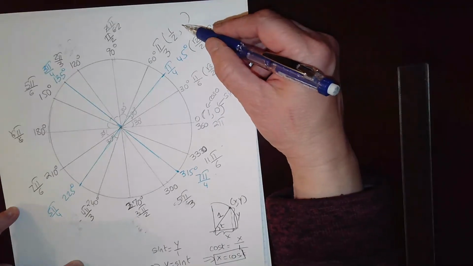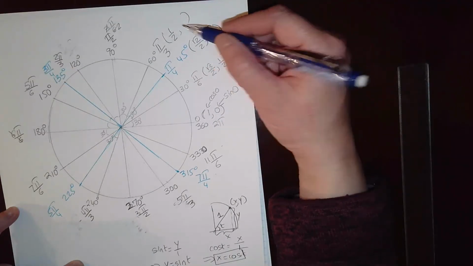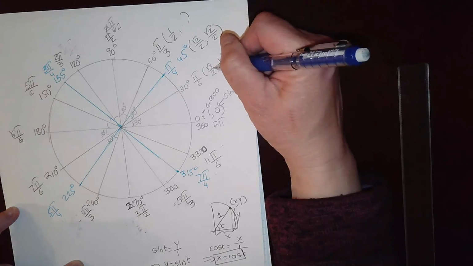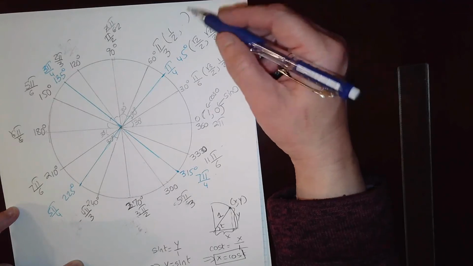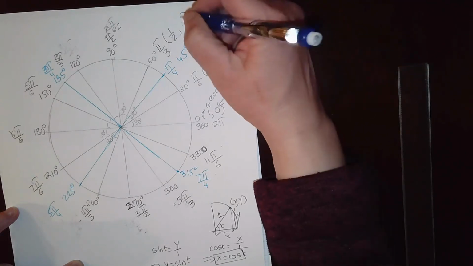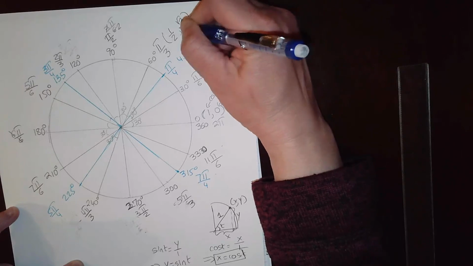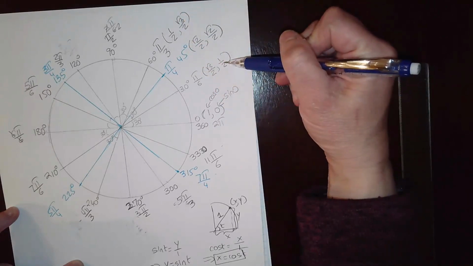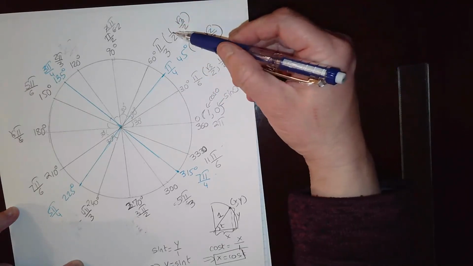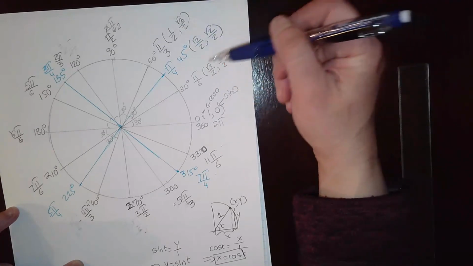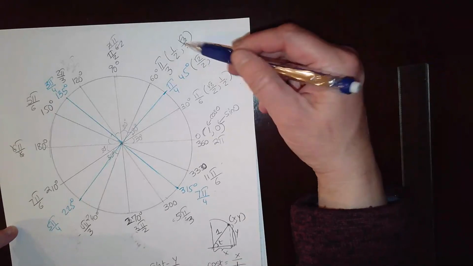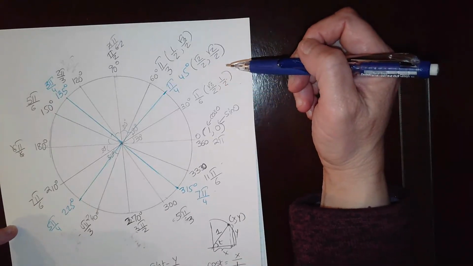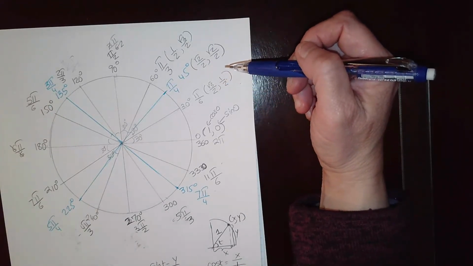And sine pi over 3 is the same as cosine pi over 6, so that's root 3 over 2. So the sine becomes the cosine, and the cosine becomes the sine. The x and y flip. Remember the cofunction identities. Okay.